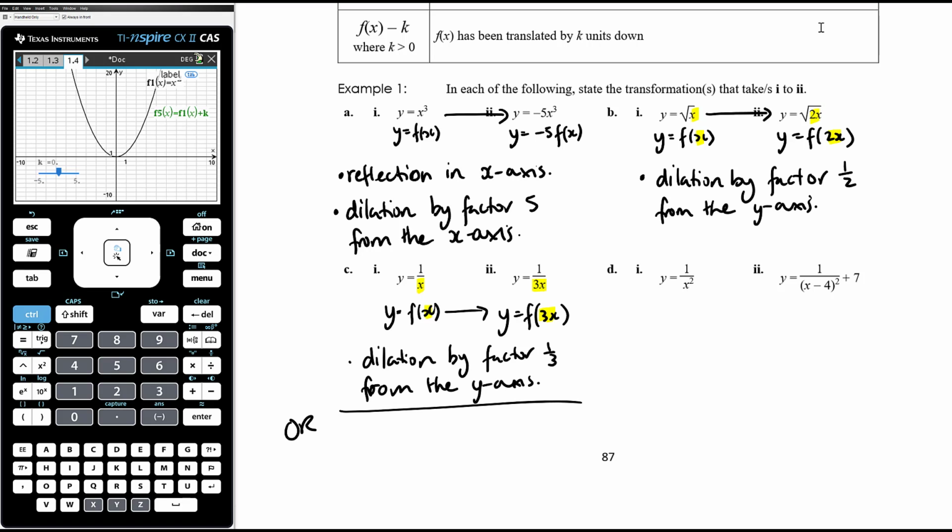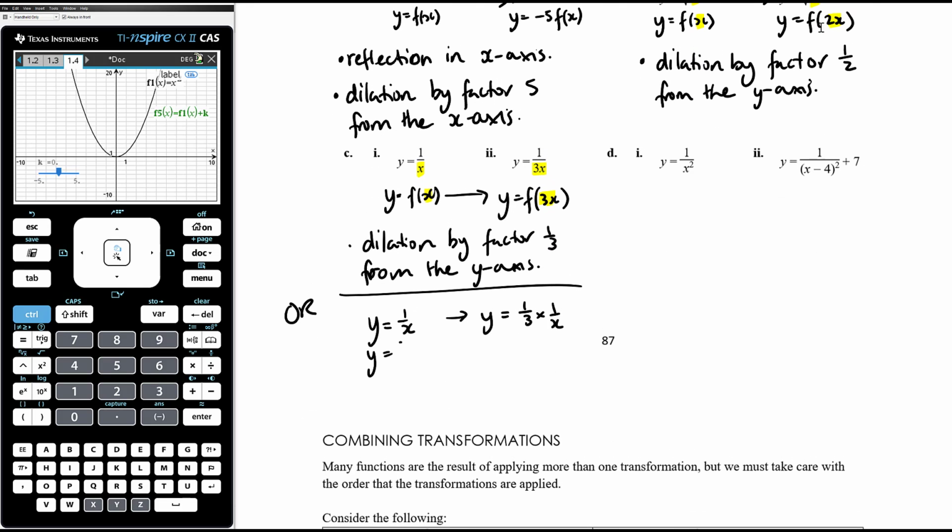Alternatively, you could think about that as being y equals 1 on x becomes y equals 1 on 3x, which is the same as 1/3 times 1 on x. So we could actually think about it as being y equals f of x becomes y equals 1/3 times f of x. So it could also be described as a dilation by factor 1/3 from the x-axis.